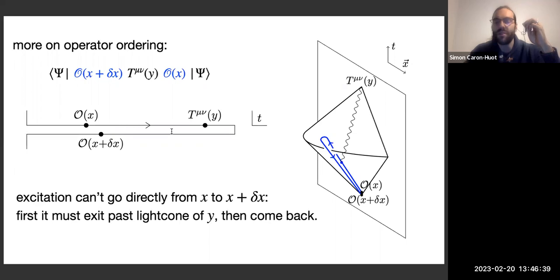Here I'm introducing some notation in the picture on the right that helps us follow this sort of Schwinger-Keldysh contour in the bulk. The equivalent way of saying this is that the excitation goes from x to y, and then backward up to x plus delta x on this time fold.